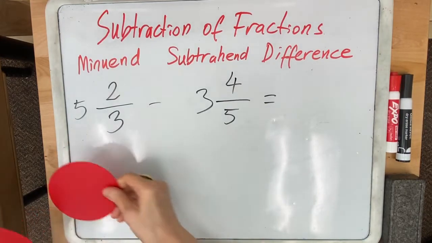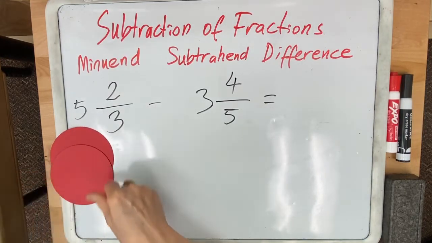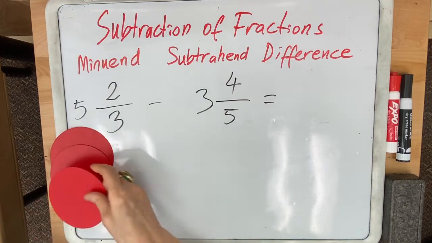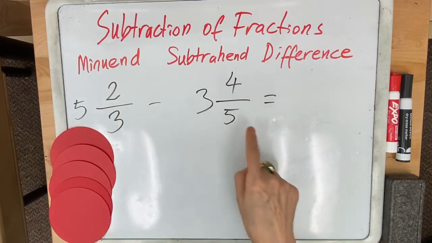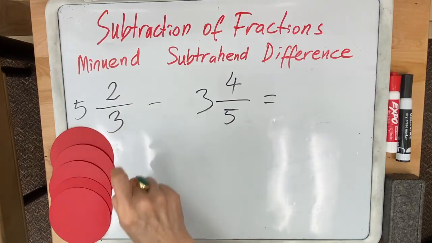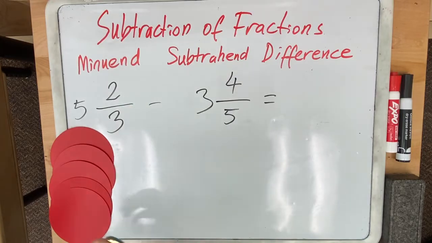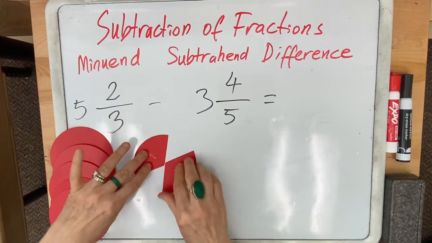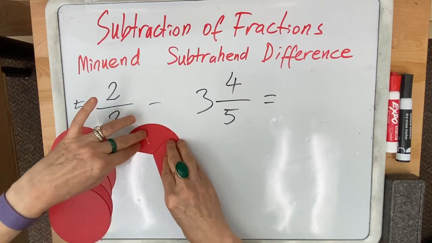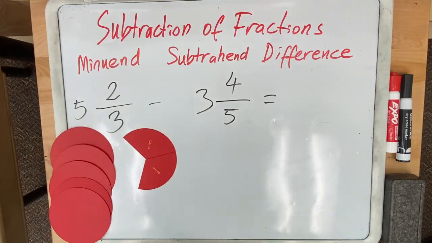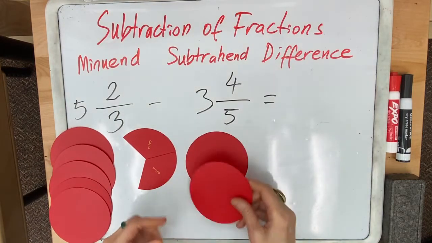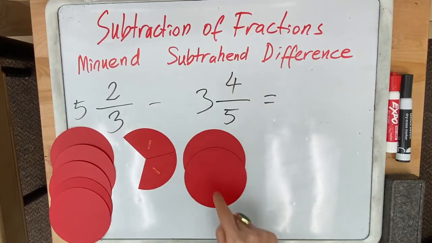5 whole, 1, 2, 3, 4, 5. And 2/3. Here I have 2/3. And here I have 3 wholes, 1, 2, and 3.